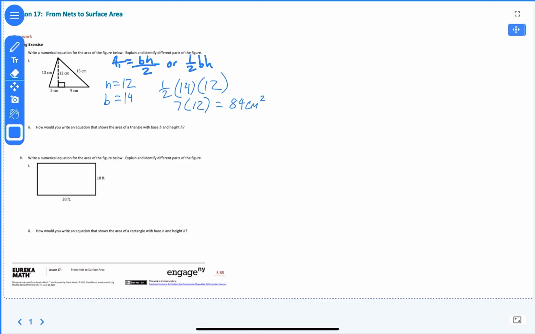How do we find the area of a rectangle? Area equals length times width, which is the same thing as base times width, right? Or base times height. So we would write area is equal to 18 times 28.